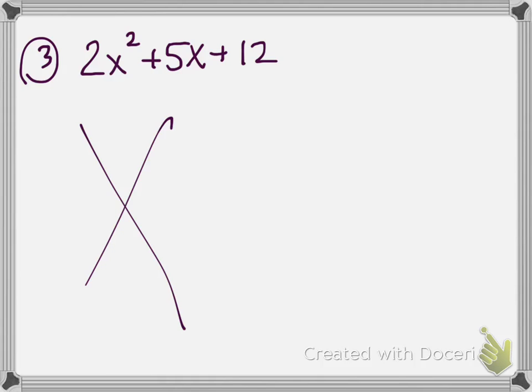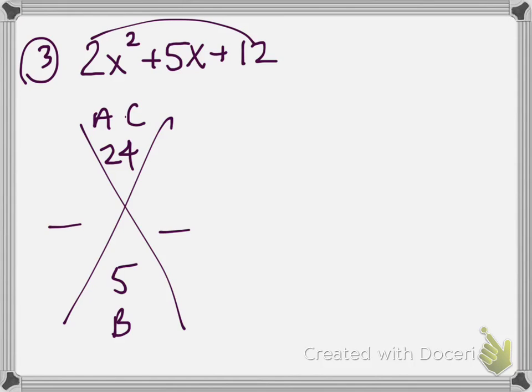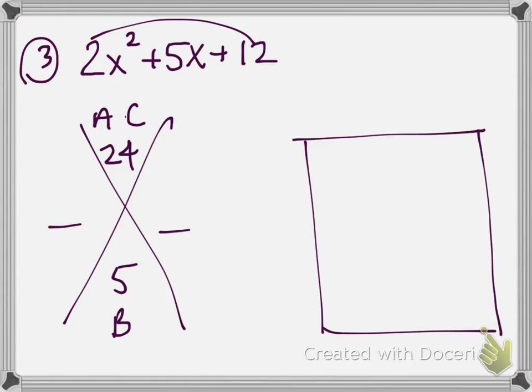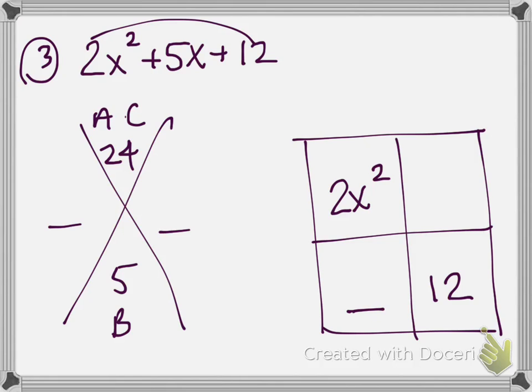So again, here's my x. Start out a times c, 2 times 12, 24. B is 5. So while I'm thinking of things for that, draw the box over here. This is 2x squared. This is 12. And whatever I find for these lines over here will be what I put in these lines here.